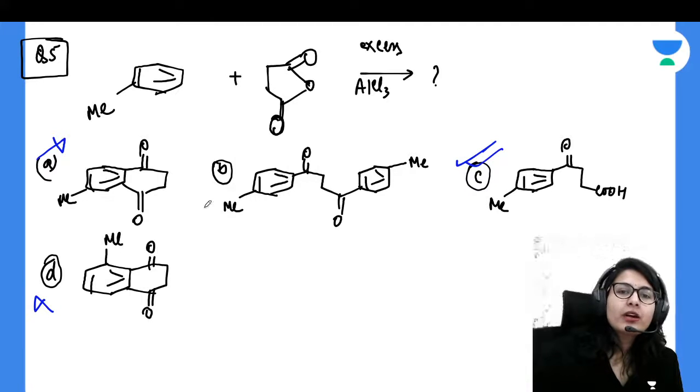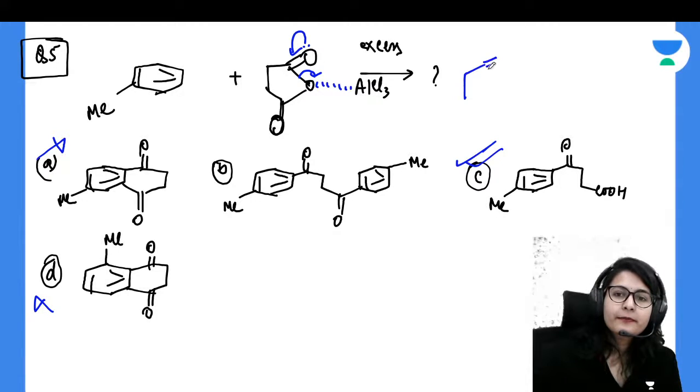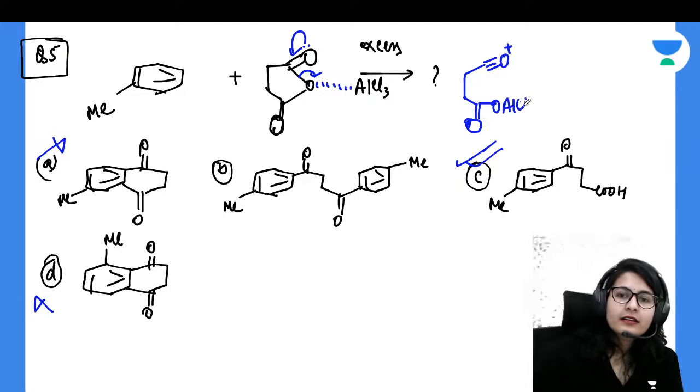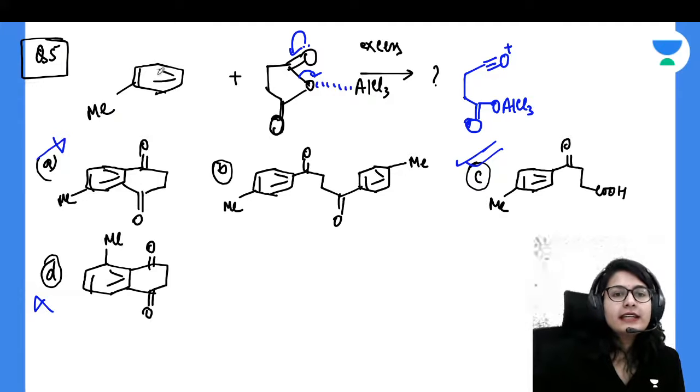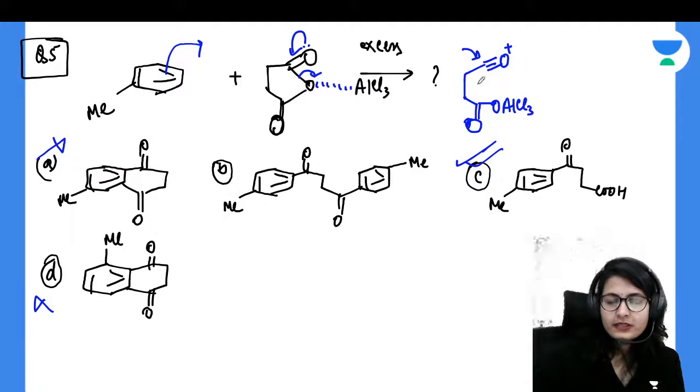Why? Because when you are doing the Friedel-Crafts acylation, and you are making this acylium ion as well as the carboxylate ion over here, the molecule is going to attack from the para position onto this carbon.